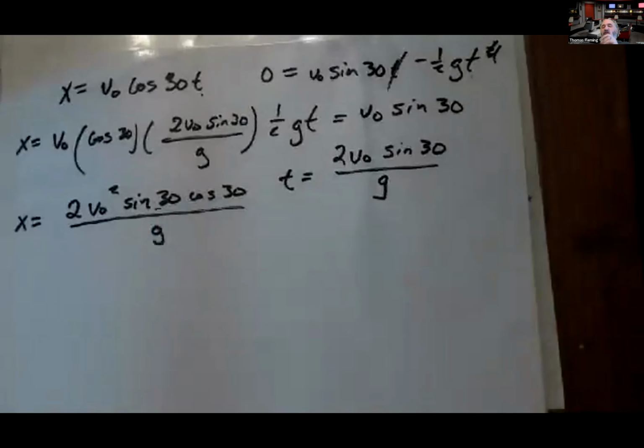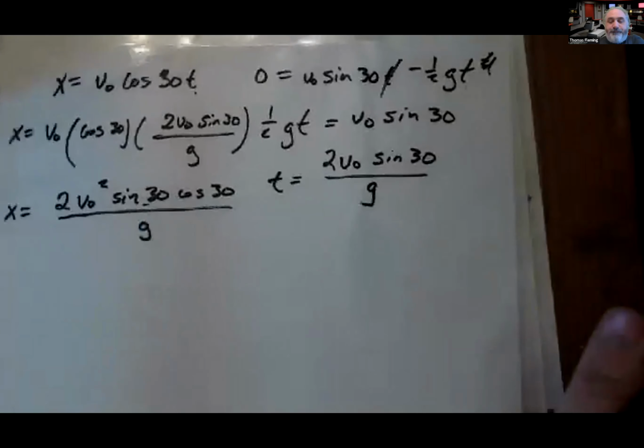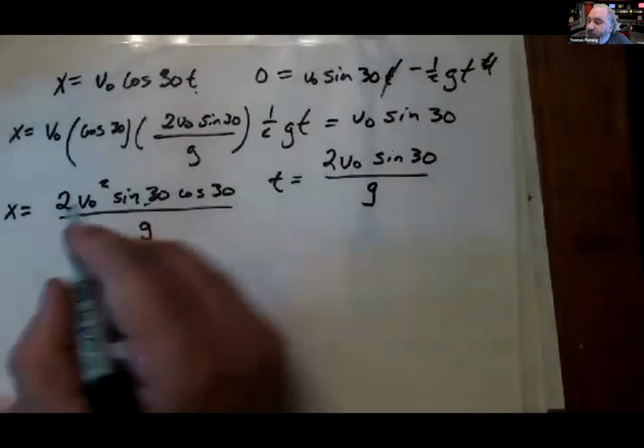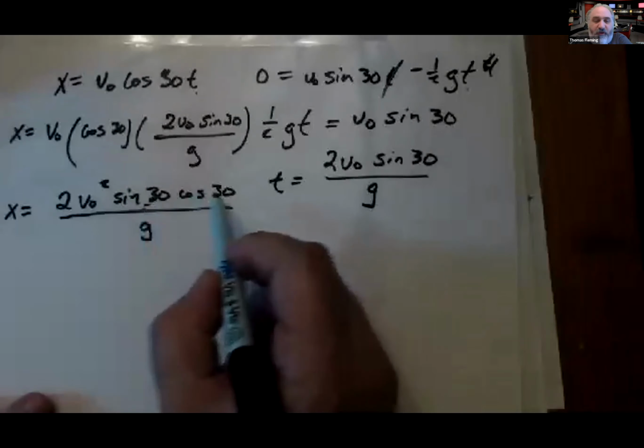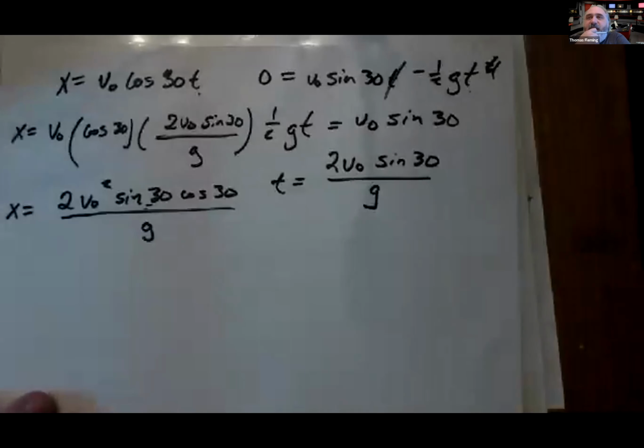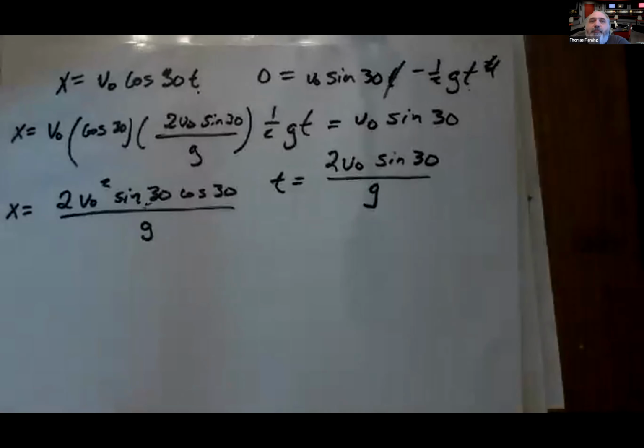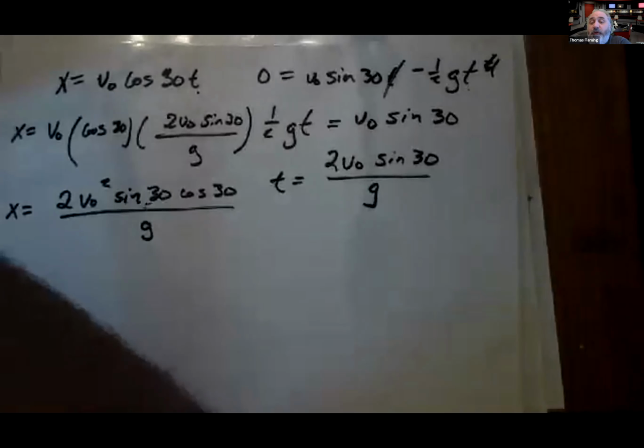And I want to simplify something down real quick. I have 2 sine something, cosine something. And if you remember when you guys took trigonometry, you learned a ton of trigonometric identities. And you've then probably forgotten them all because you didn't need them again.